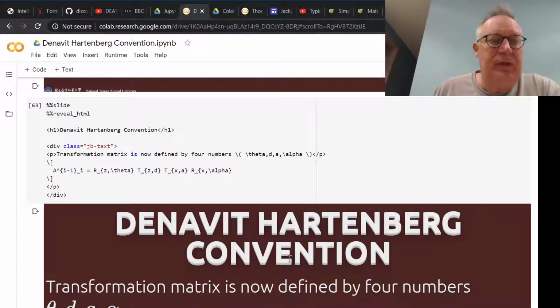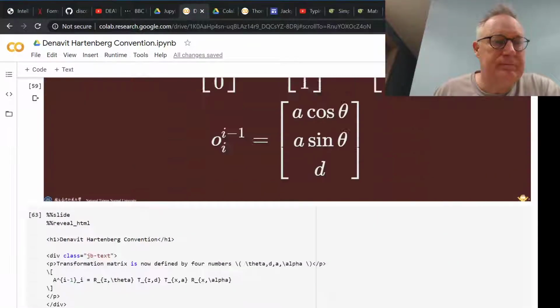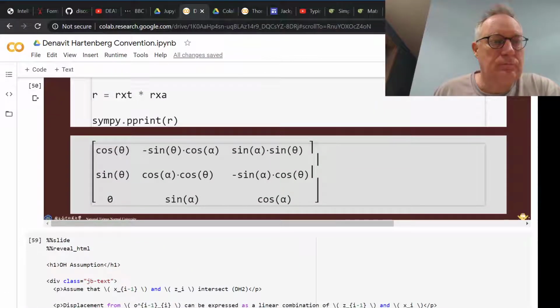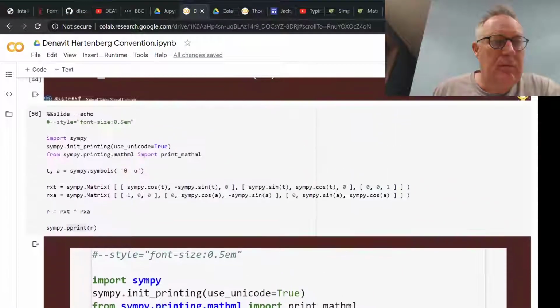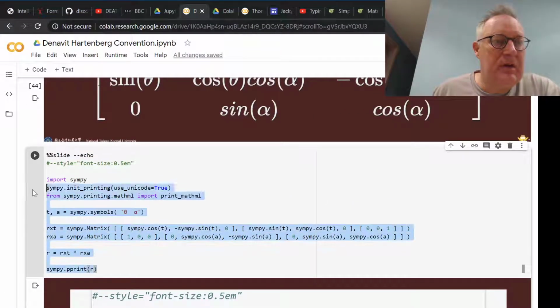Good. So now let's see what that rotation matrix actually looks like. And let's have some more fun with SymPy.